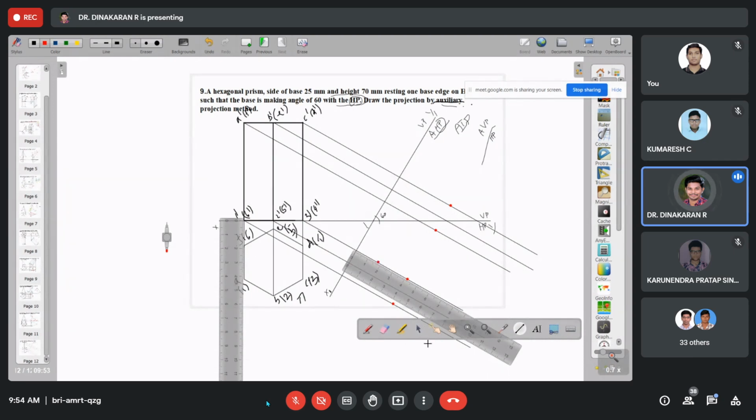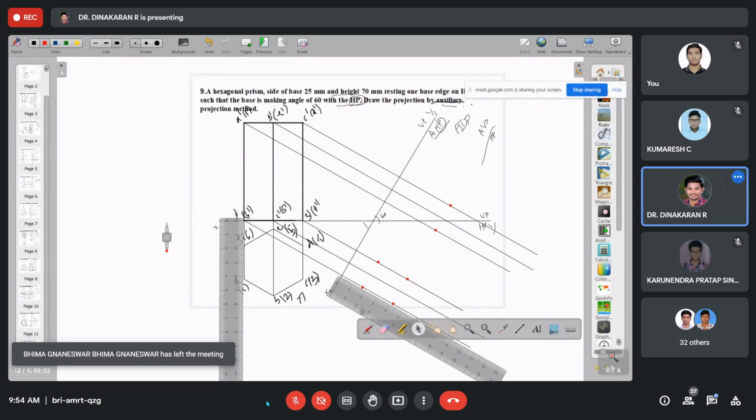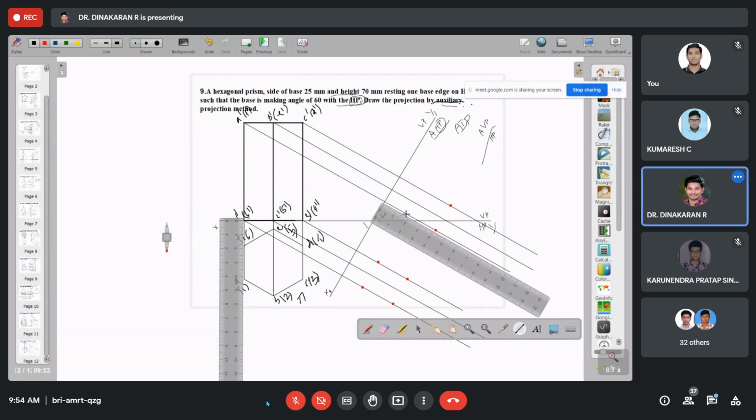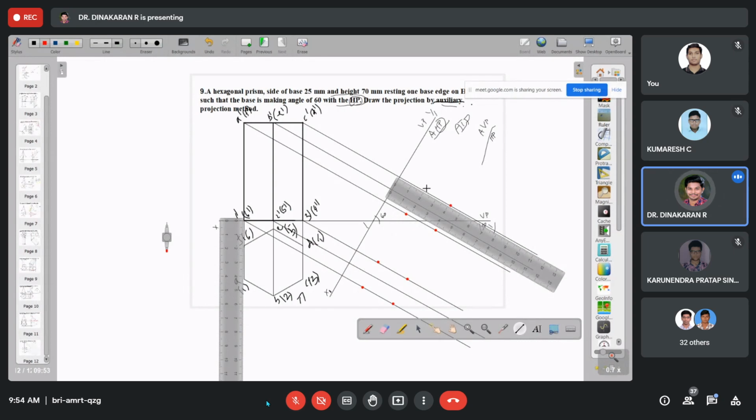Check with the corresponding one: I'm marking 18 mm, correctly or not? Okay. I marked it, yes, correctly.